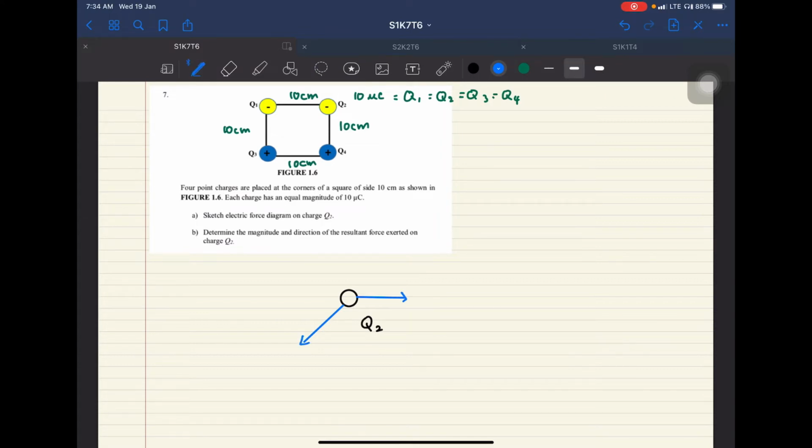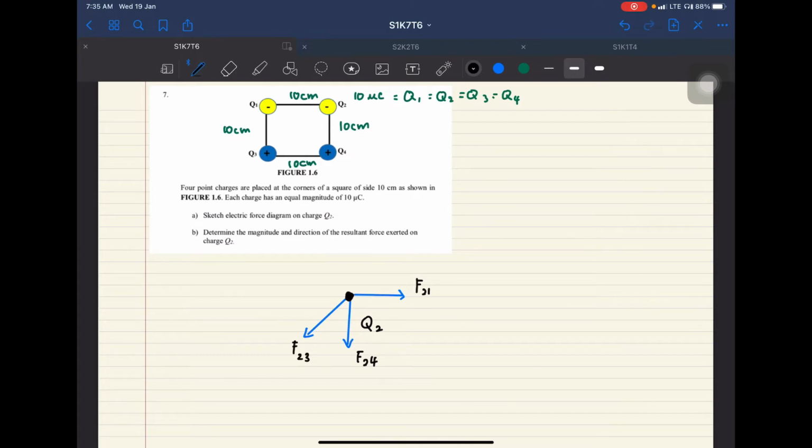Between 2 and 4, the opposite charges give an attractive force, so from Q2 towards Q4. The first one I forgot to label, so it will be F on 2 by 1, F on 2 by 4, F on 2 by 3.